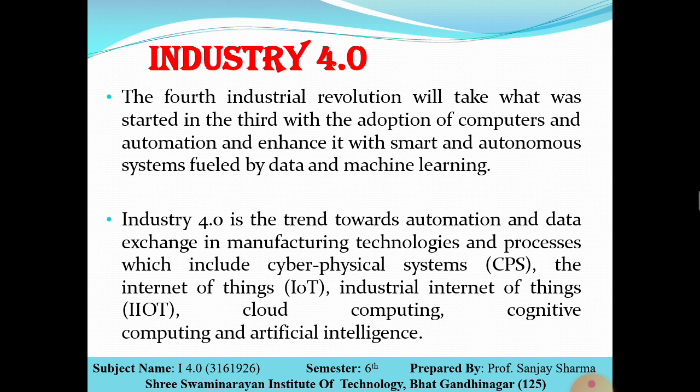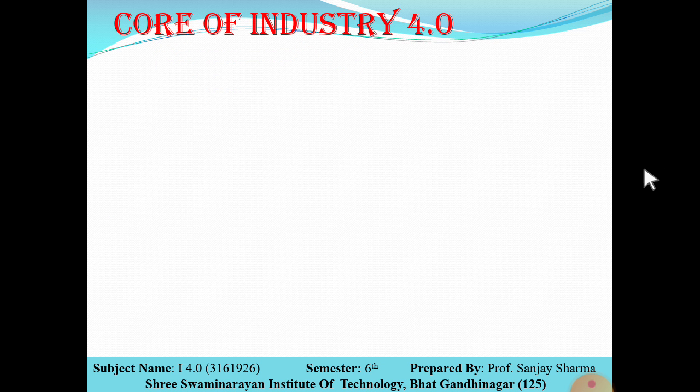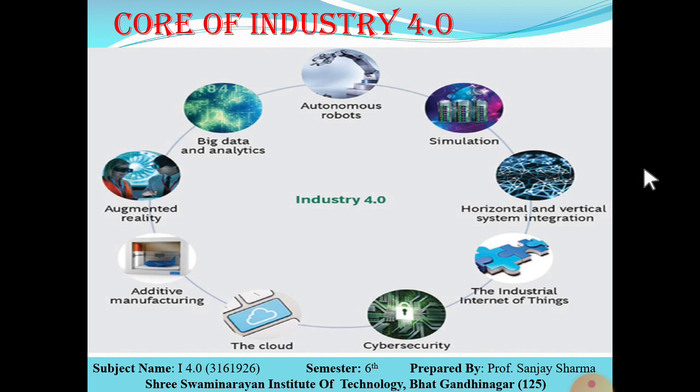Now through a diagram I will try to explain what the core of Industry 4.0 is. So friends, this is the diagram which clubs all these parameters. Nine different parameters form the cluster of Industry 4.0.